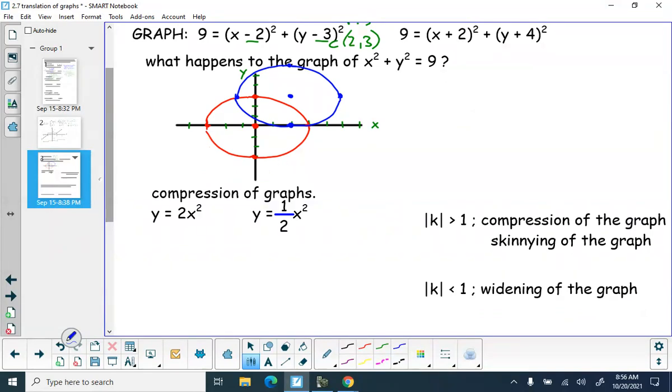We can compress a graph. If we take a look at two functions here, I want you to first type in y equals x squared in your y1.